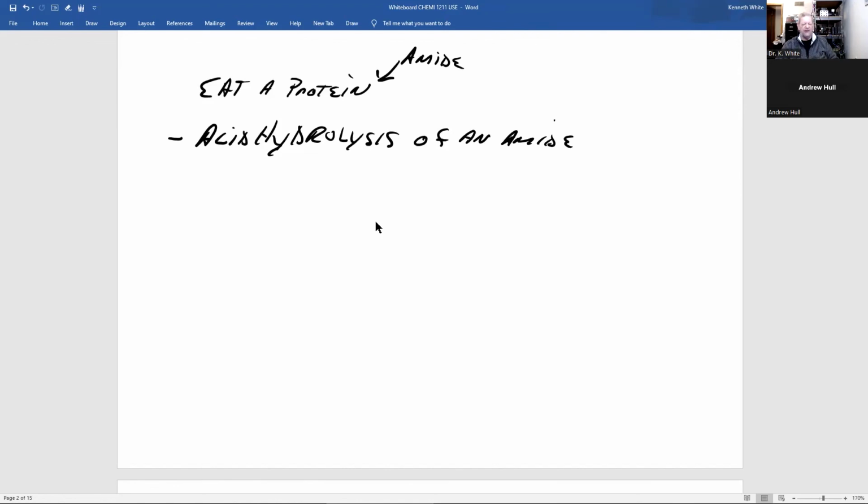And for test 3, you learn R prime and R double prime can be hydrogen.